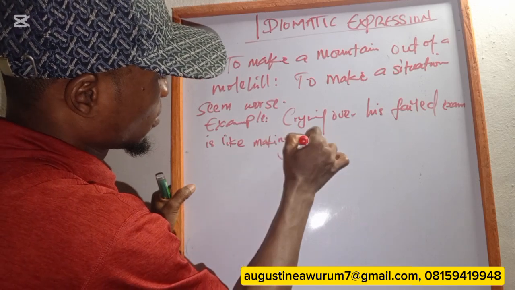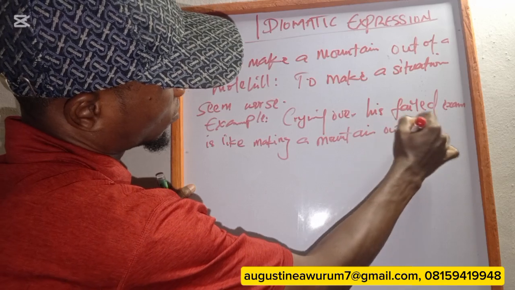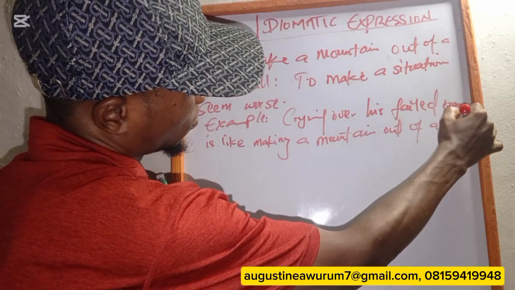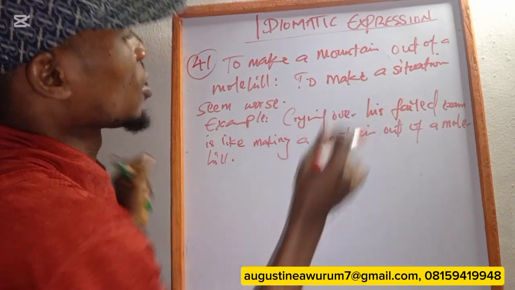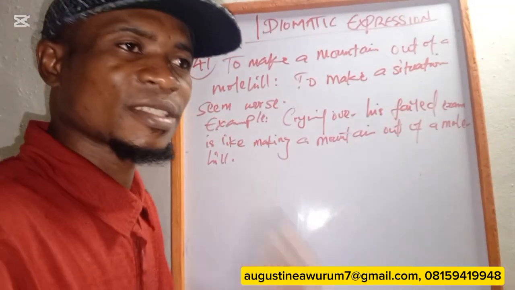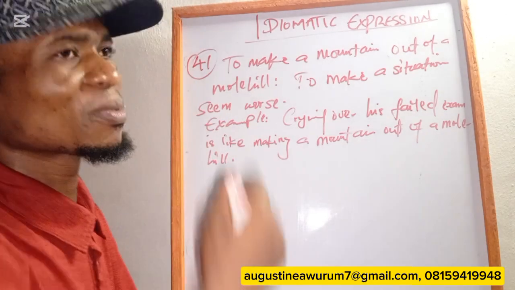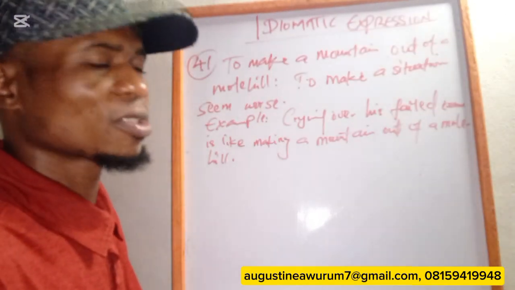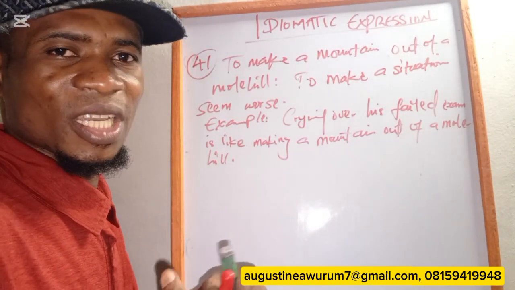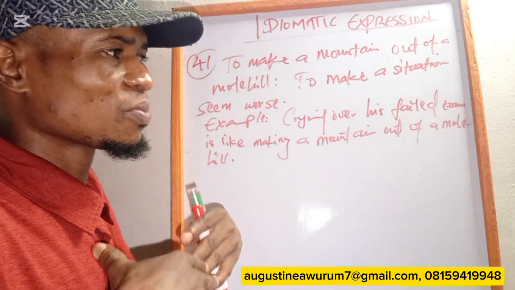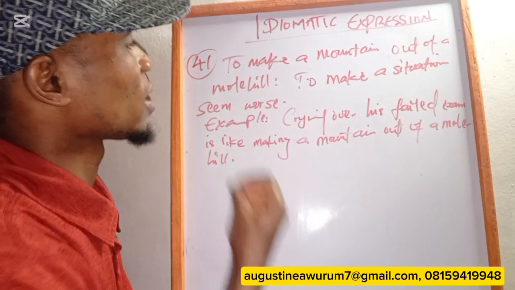Making a mountain out of what? A molehill. So this is the example, making a mountain out of a molehill. It means exaggerating the severity of something, something that is not worth it. All of a sudden, we start making it seem as if it's too much, too serious, too complicated. That is what it simply means.